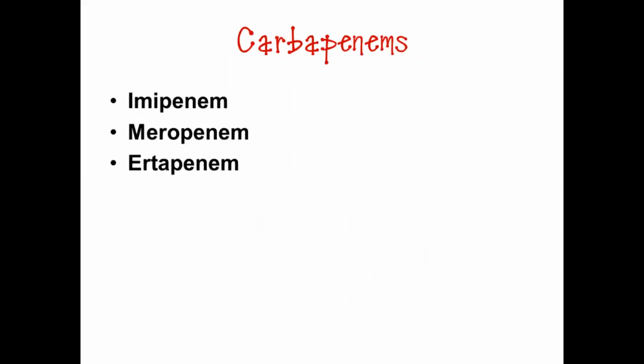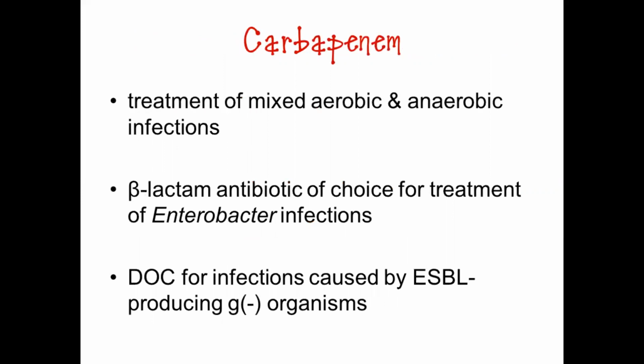Carbapenems, no? Ito naman, imipenem, meropenem, and ertapenem. They're used for mixed aerobic and anaerobic infections. It is a beta-lactam antibiotic of choice for the treatment of Enterobacter infections and the drug of choice for infections caused by ESBL.